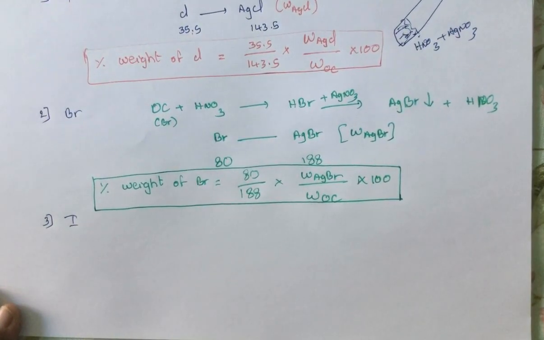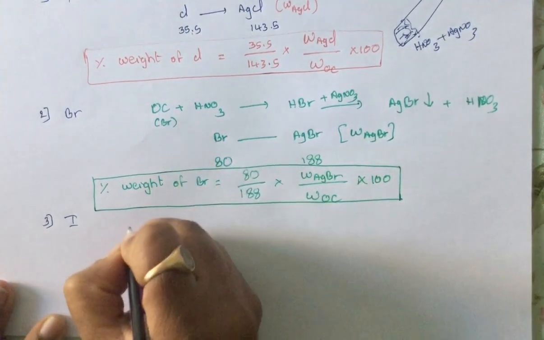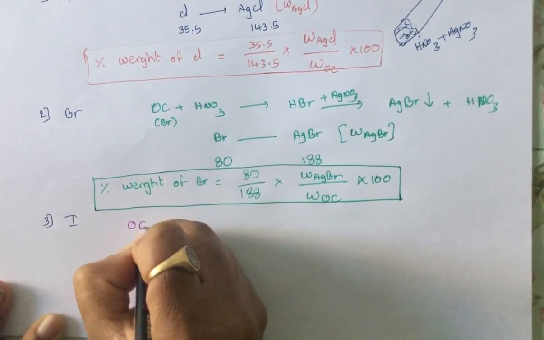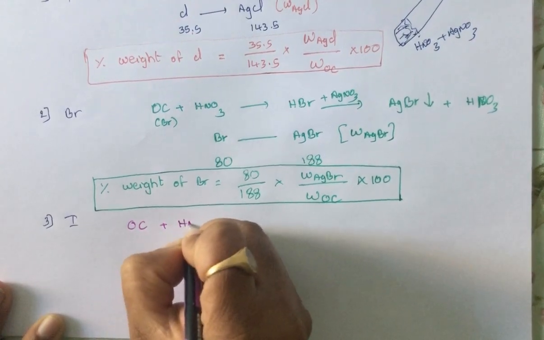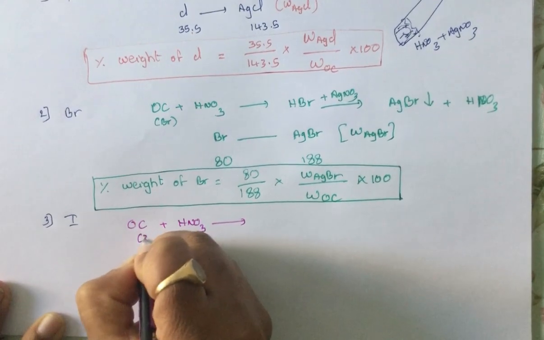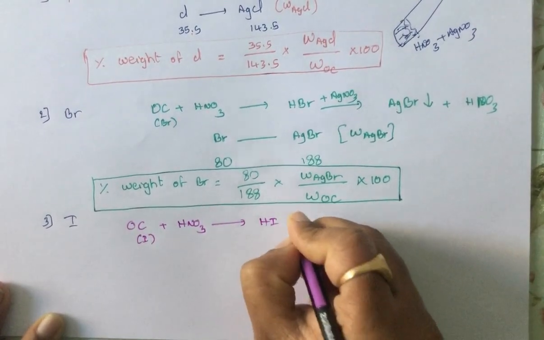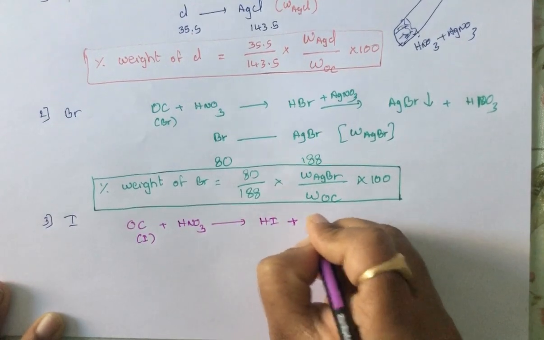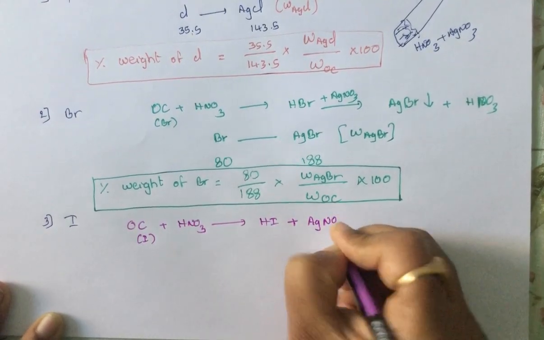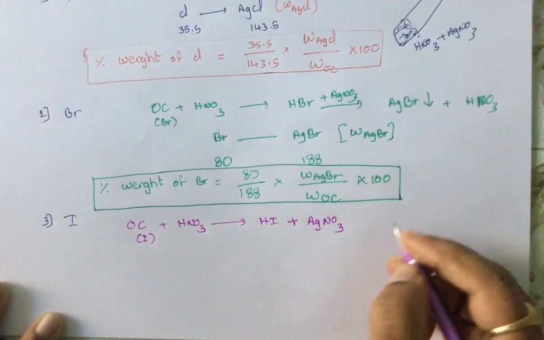Now let us discuss the last one, how to calculate the percentage weight of iodine. In the same process, the organic compound is treated with HNO3 first. When it is treated with HNO3, the iodine present is converted into hydroiodic acid, which on further reaction gives I minus.